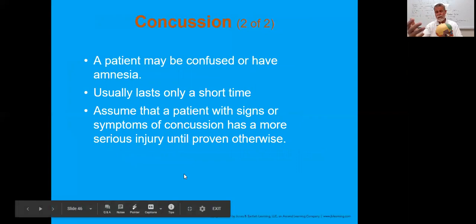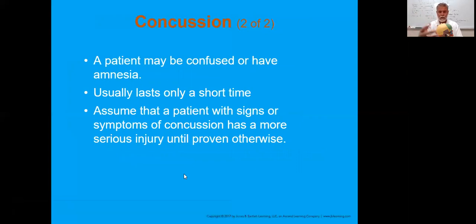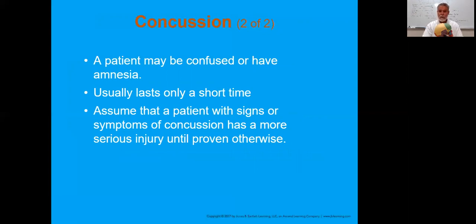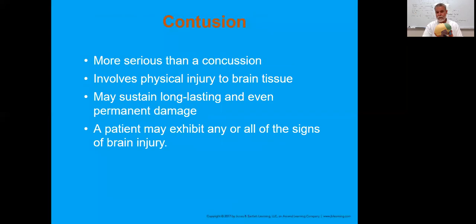It's usually a brief period of amnesia, or not remembering what actually happened. But assume that patients with signs or symptoms of concussion have a more serious injury until proven otherwise, right? That is just index of suspicion, and something we always have, especially with these head injuries.